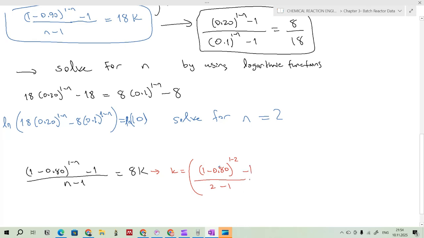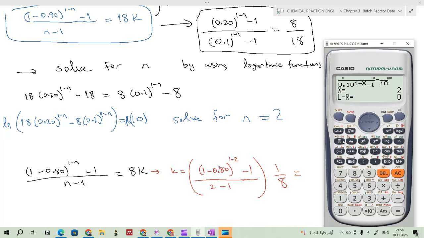Here you have also minus 1, 1 over 8 multiplied by 1 over 8. So if you do this operation, 0.2 to the power of minus 1, here you have minus 1 divided by 1, actually multiplied by 1 over 8, so you will have 8 here. So you will get 1 over 2.